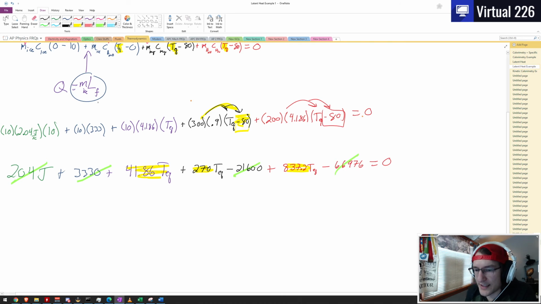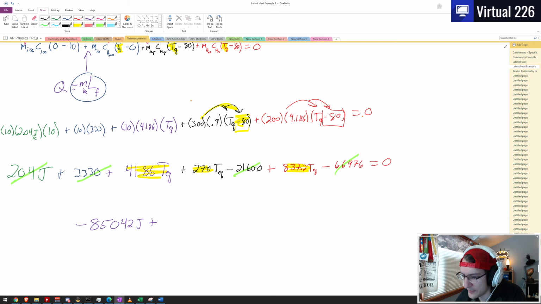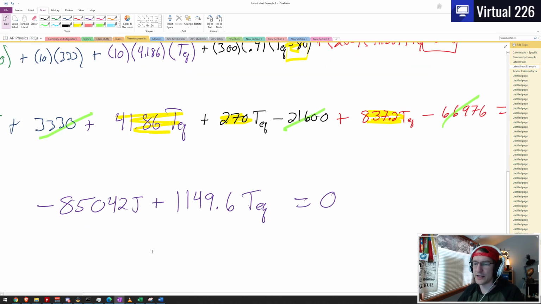Oh boy, I get negative 85,042 joules. And then all my TEQs are positive, so let's add all the TEQs up: 41.86 plus 270 plus 837.2 gives 1,149.6 TEQ equals 0.